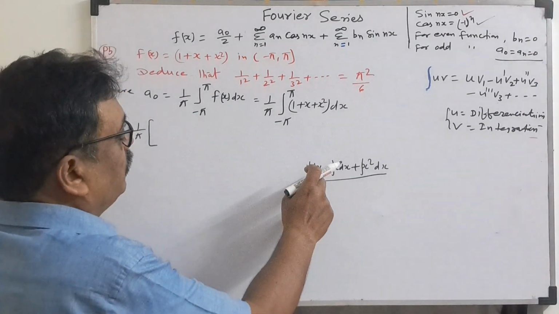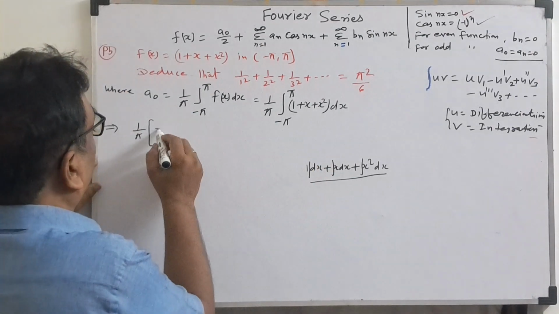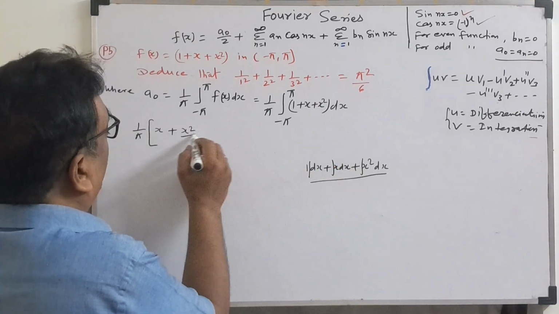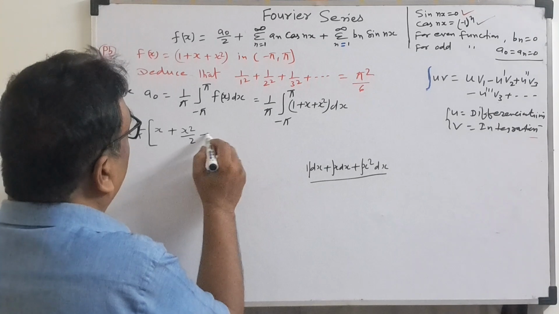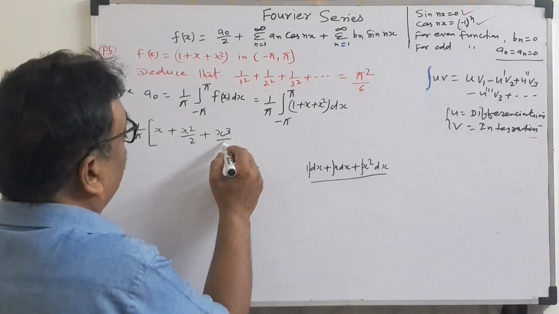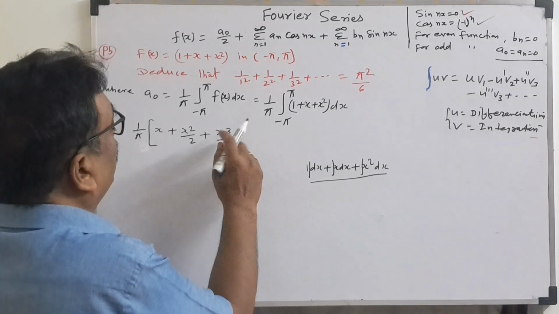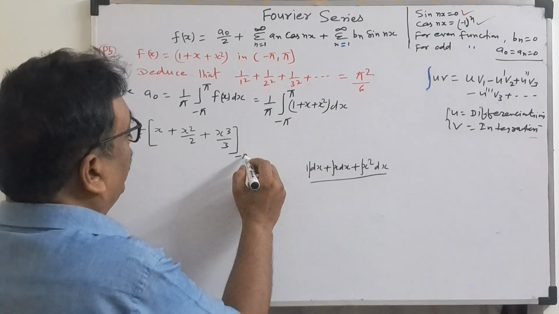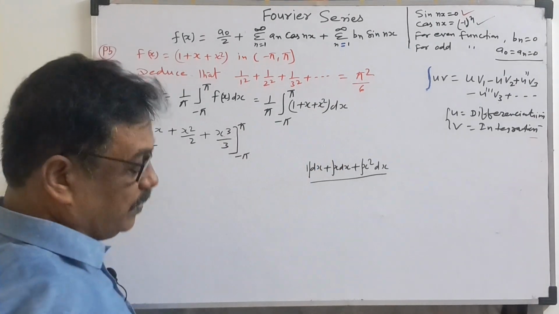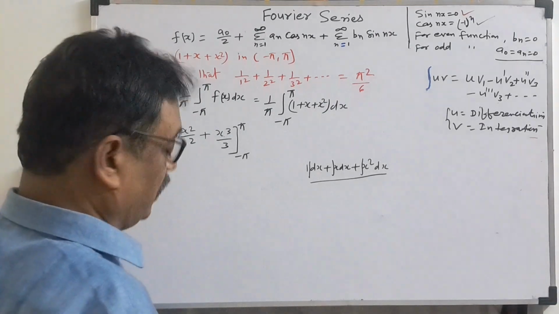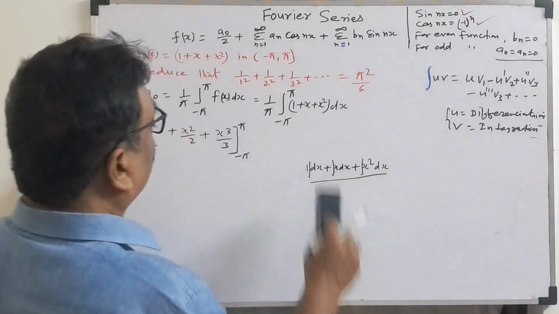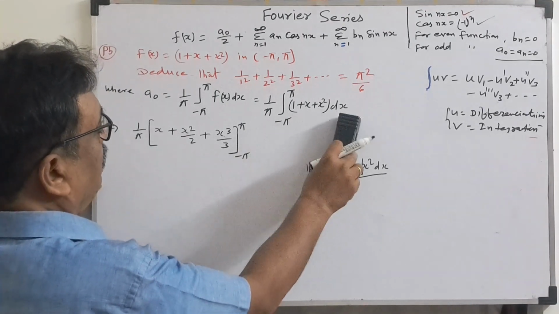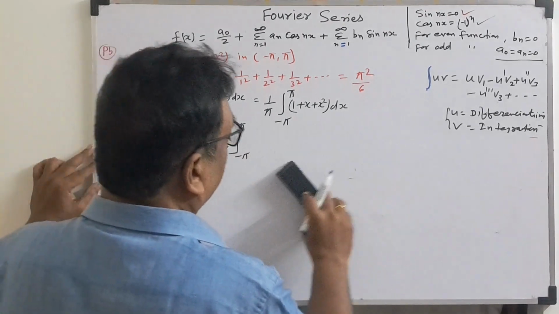So the integration of 1 dx is x, plus x²/2, plus x³/3. This is the integration of these terms. The limit will be minus pi to pi, upper limit pi, lower limit minus pi. You can write it like this, or directly integrate 1 dx, x² dx. So we got the integration.